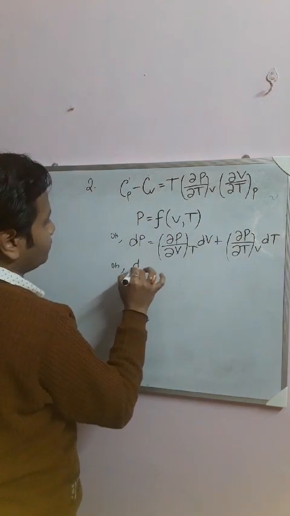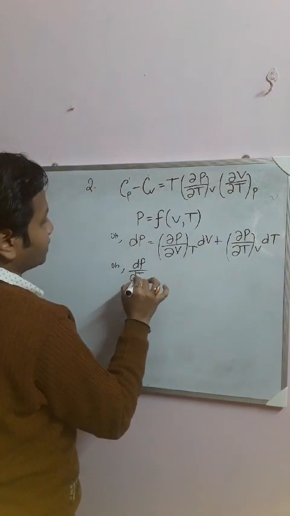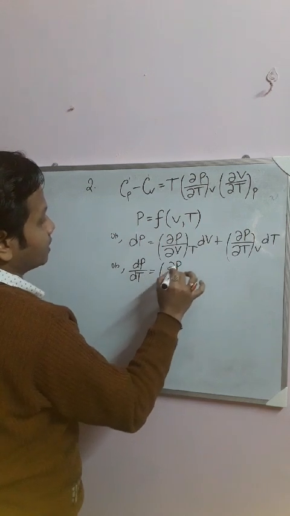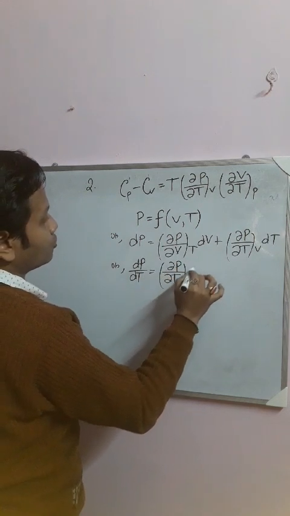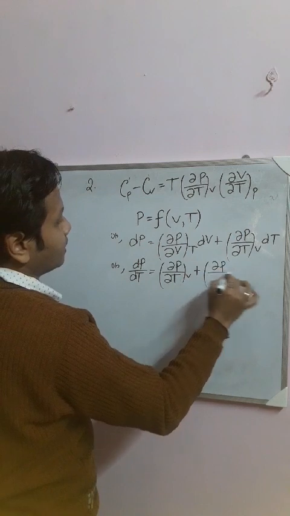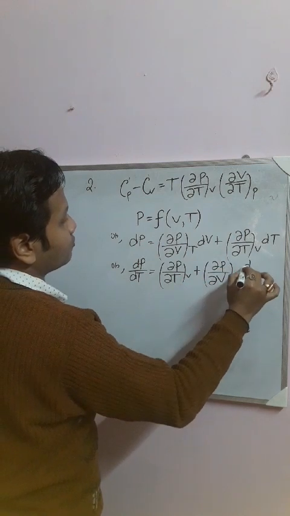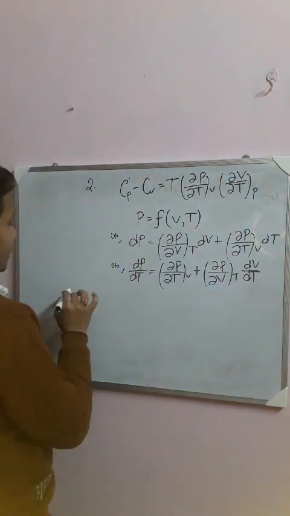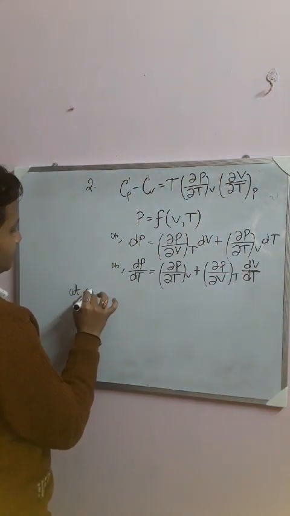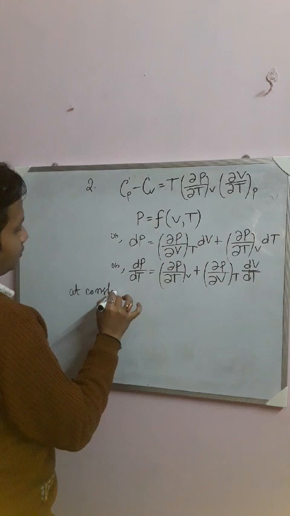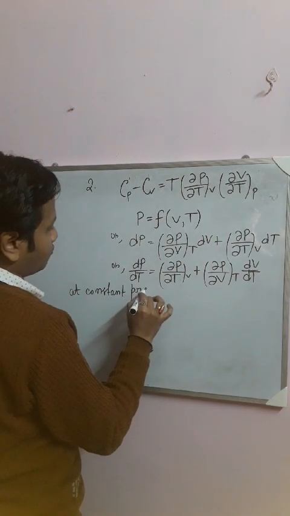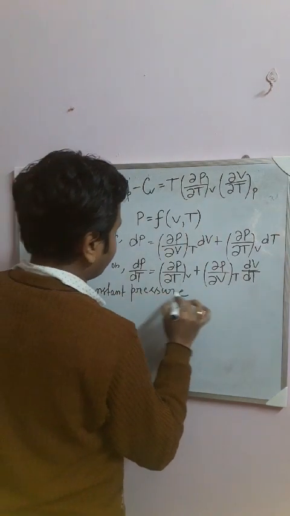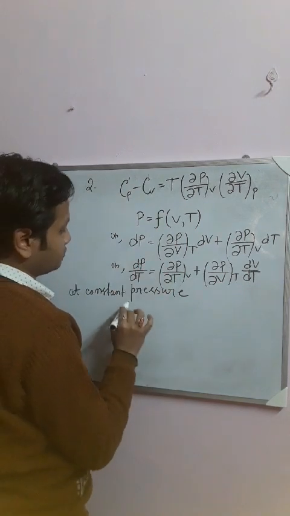So what will be my dP/dT? My dP/dT will be del P del T at constant volume plus del P del V at constant temperature times dV/dT. Now at constant pressure, what happens? The left-hand side becomes 0.